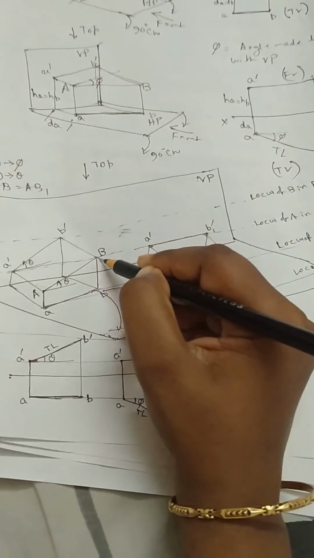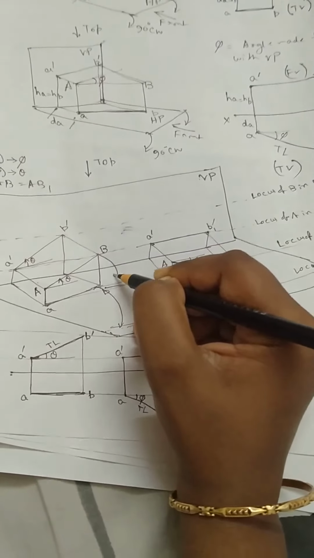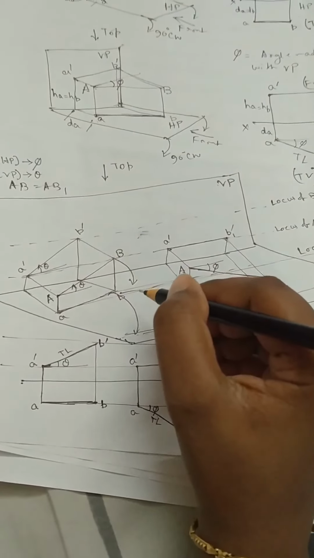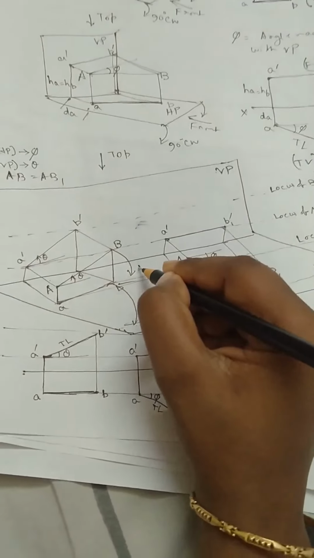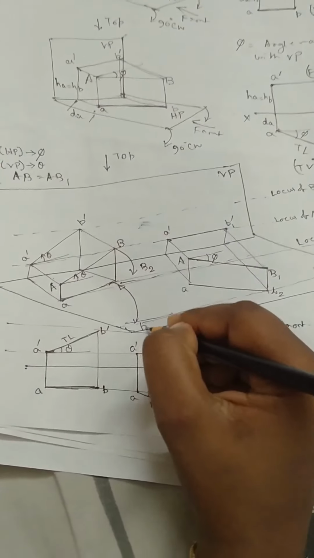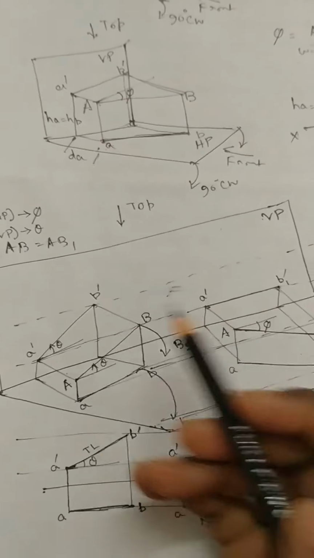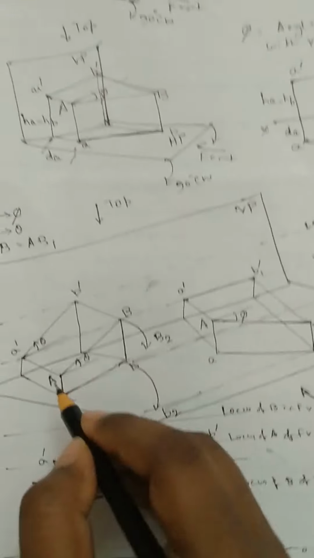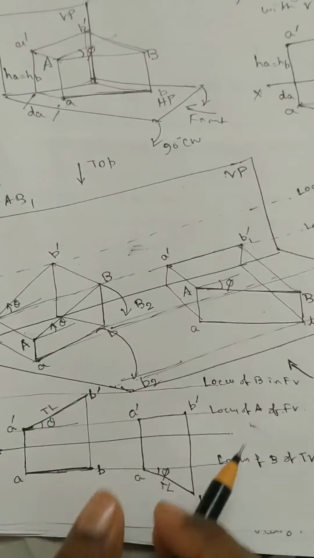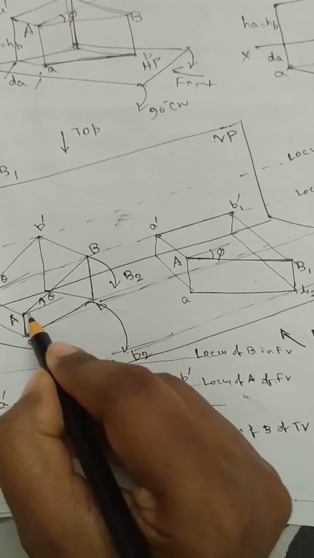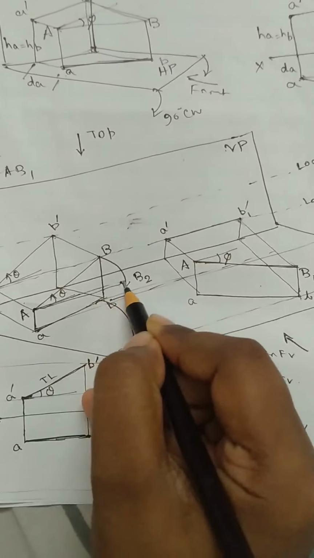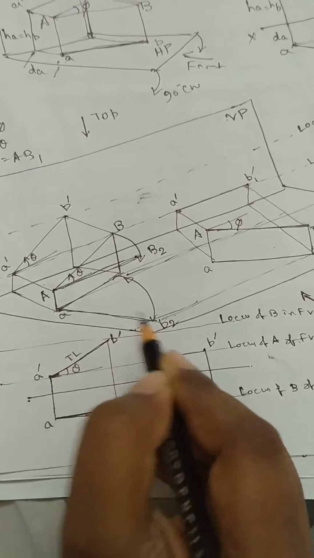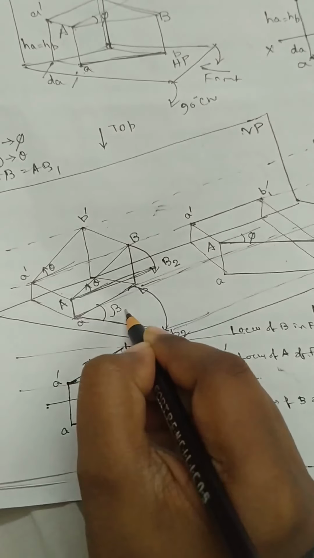We'll just rotate this line. B2, this is B2. Then we can see that our true length is automatically inclined at an angle theta. And this will create another angle that is called beta.